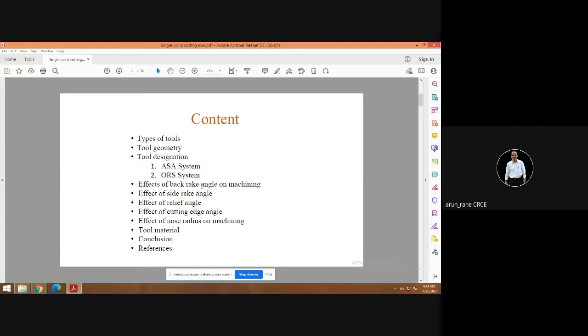Mainly in this, injection molding is very important. Then powder metallurgy, and cloud manufacturing. Again, I will give some guidance on what to prepare, important from your semester point of view, at the end. So we'll quickly go through this. So this is the content.